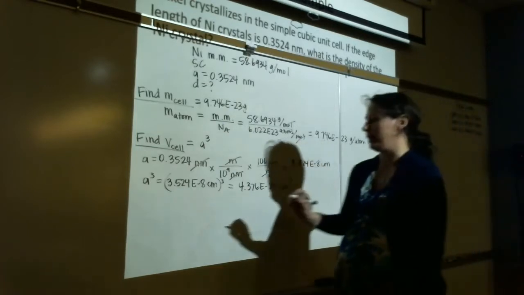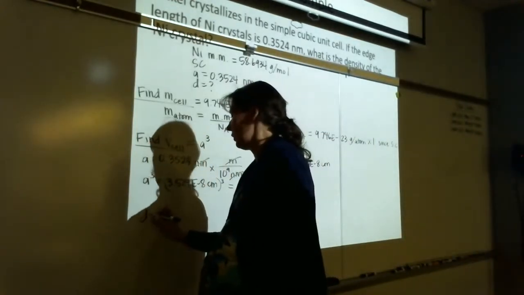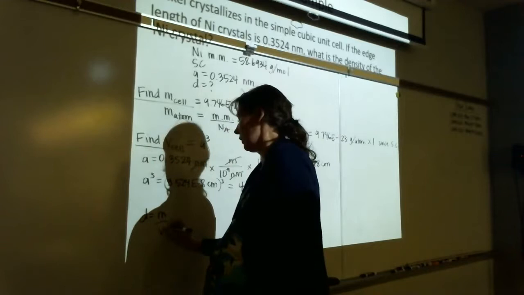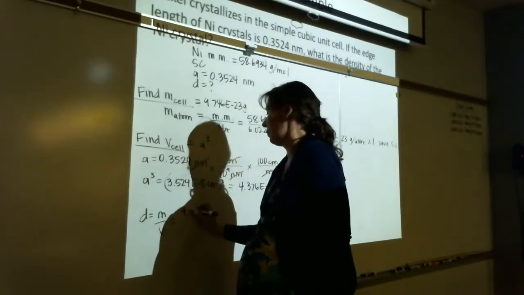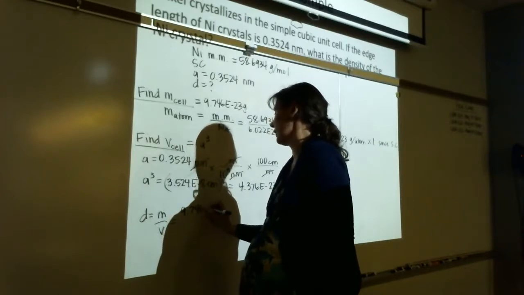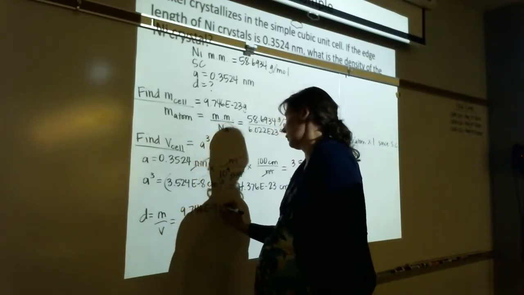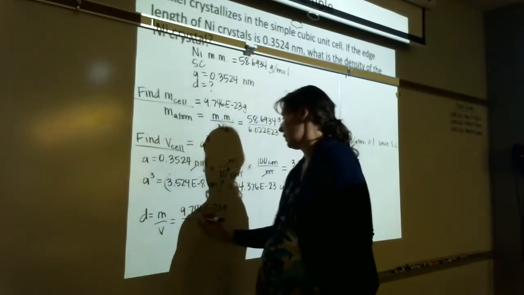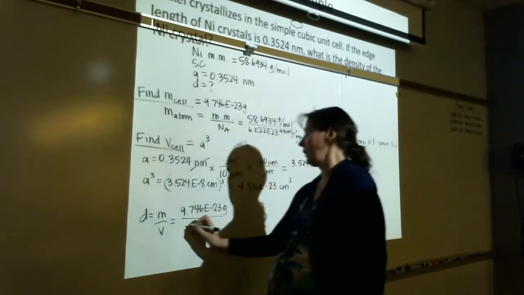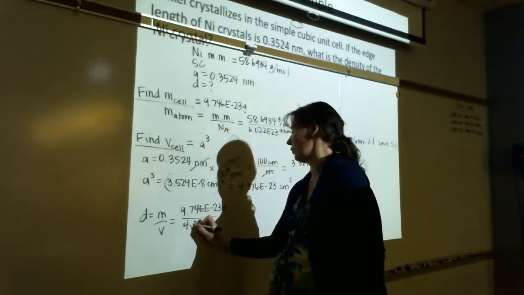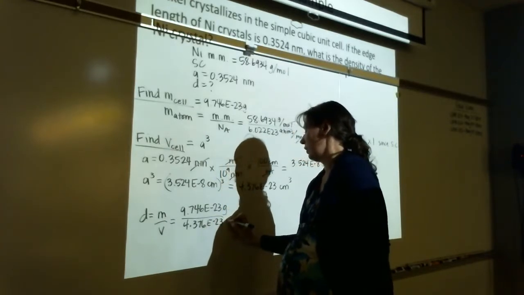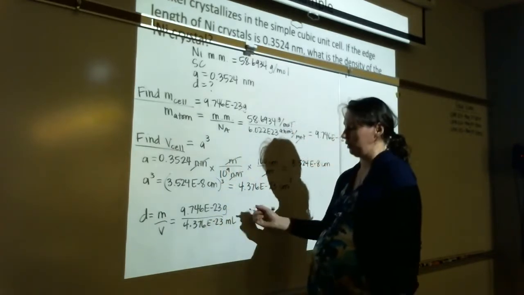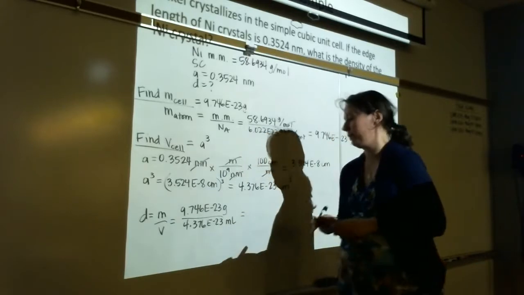And now density is just what? Mass over volume. So this number, 9.746 times 10 to the negative 23rd grams, divided by my volume, 4.376 times 10 to the negative 23rd milliliters. Milliliters and centimeters cubed are the same thing.